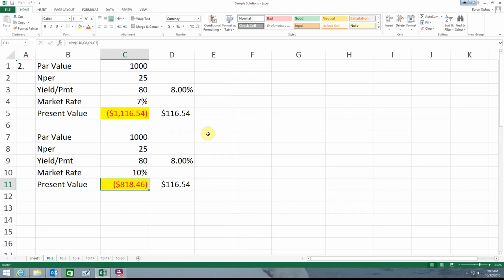And so as an investor, I'd say, I don't want to pay $1,000 to invest in that bond. I want to get a yield that's comparable to that 5%. So what's it worth, right? And that's what we're going to figure out here.